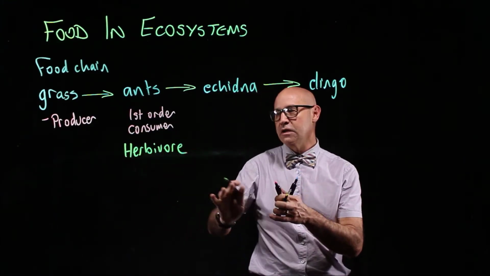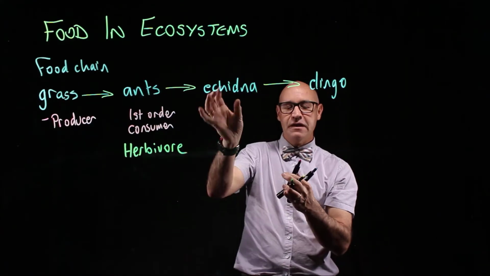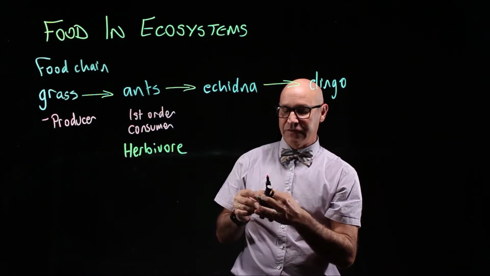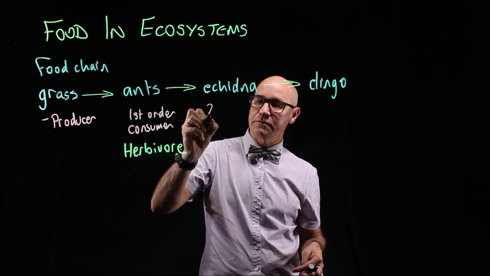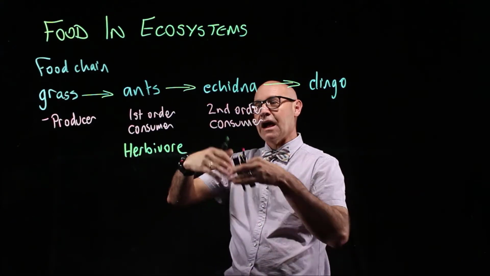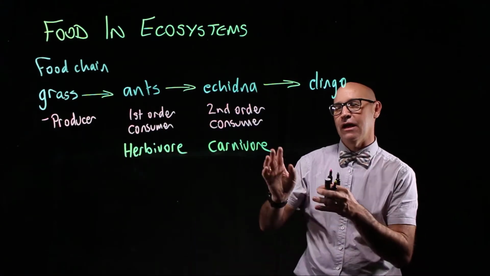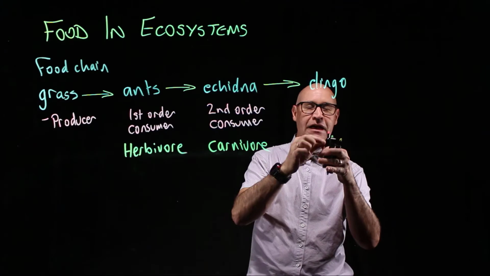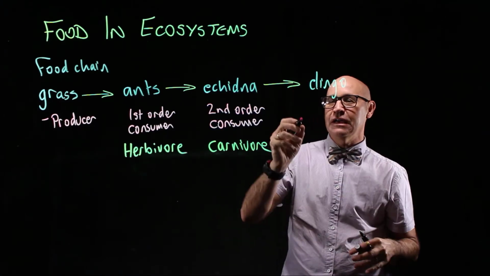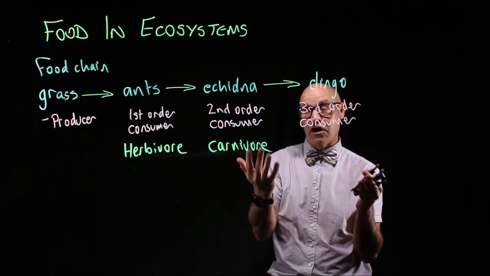A herbivore eats producers. So then the echidna is a second order consumer, and because the echidna eats other animals, it's called a carnivore.